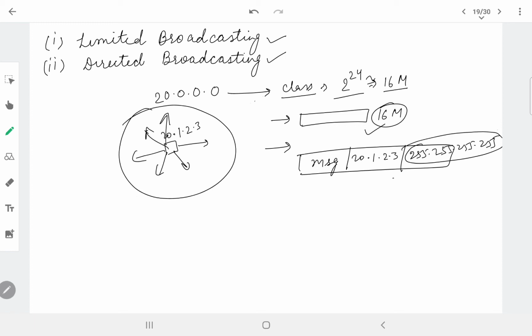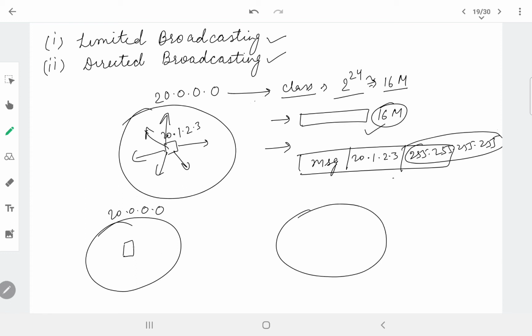Directed broadcasting is a little different from limited broadcasting. In limited broadcasting, a host tries to send a message to all other hosts in the same network. But in directed broadcasting, if there is a host in a network, suppose 20.0.0.0, it will try to send a message to all other hosts present in a different network.